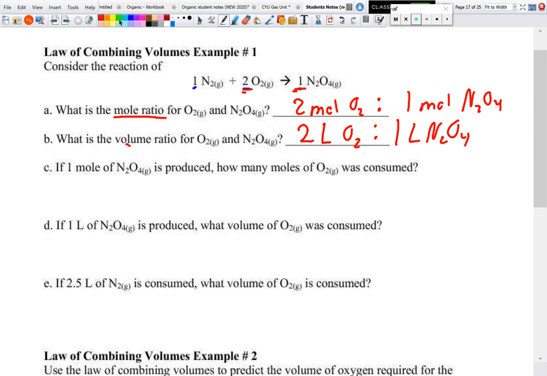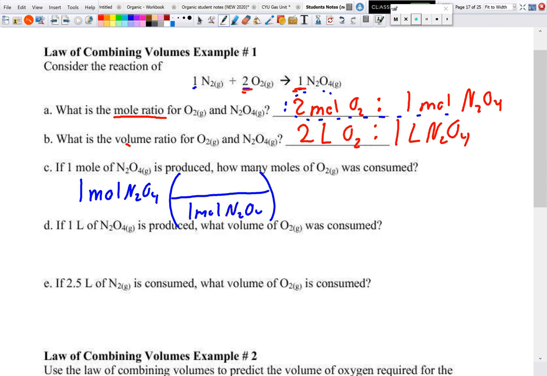Well, if we write out our given, where we have 1 mole of N2O4. Now, if we use our conversion factor, or our ratio that we just developed up here, same thing, remember we want our N2O4 to cancel out, and we want our oxygens to stay.